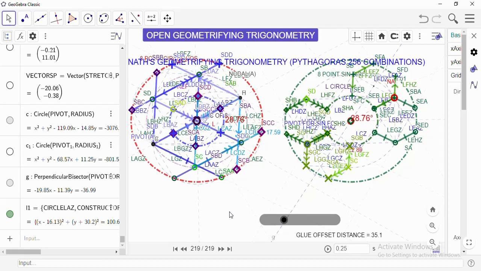Out of them, 64 are very good, almost collinear, and then we can add them. So 64 are a special kind of Pythagorean summability.